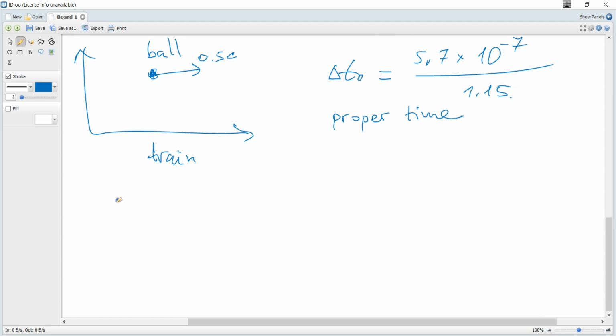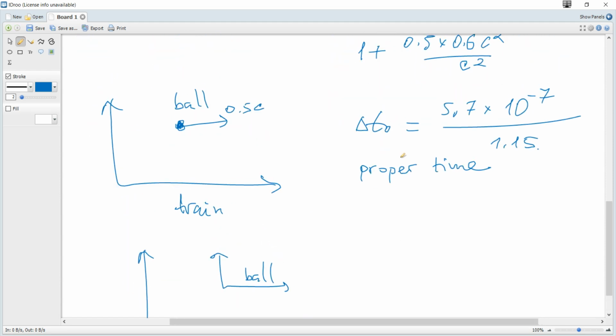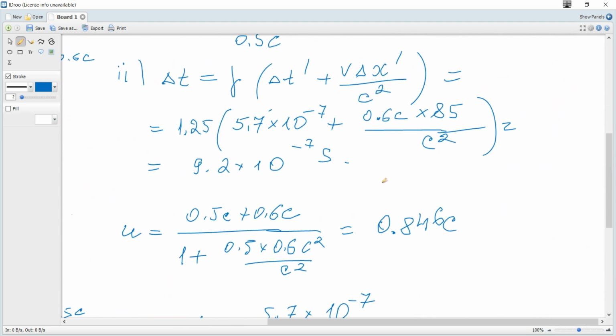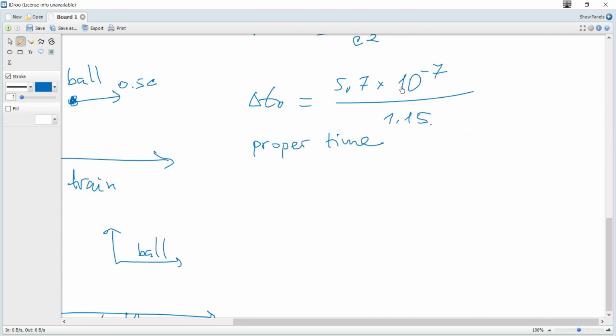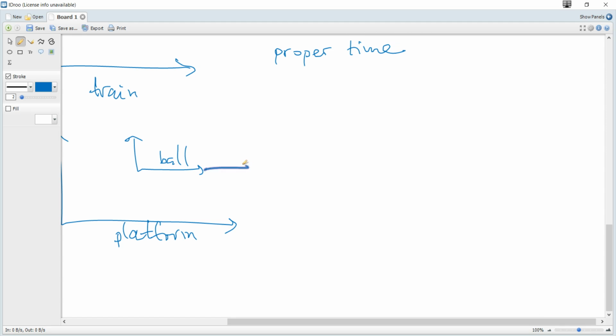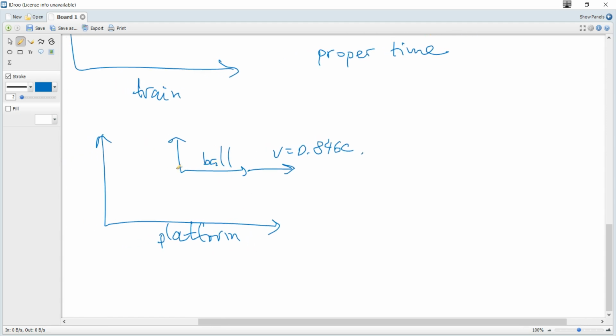And now let's consider the reference frame relative to a platform, or relative to the earth, as stationary, and also the reference frame relative to a ball. But now the ball is moving with speed 0.846 c relative to a platform, and also relative to a ball.